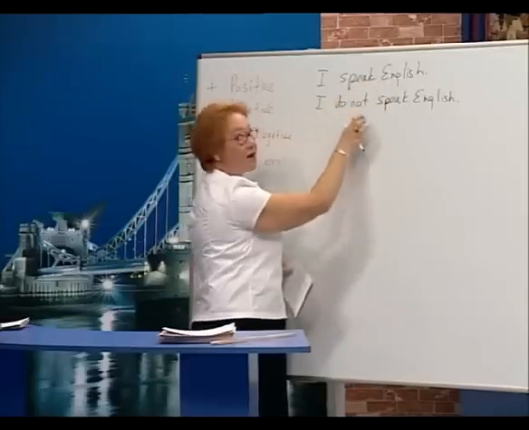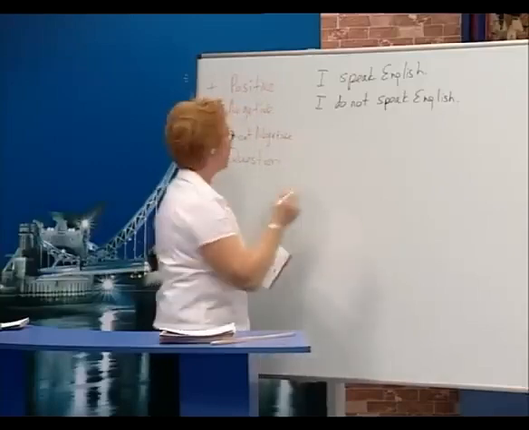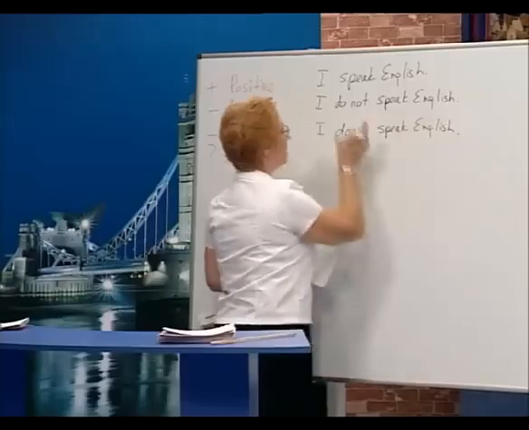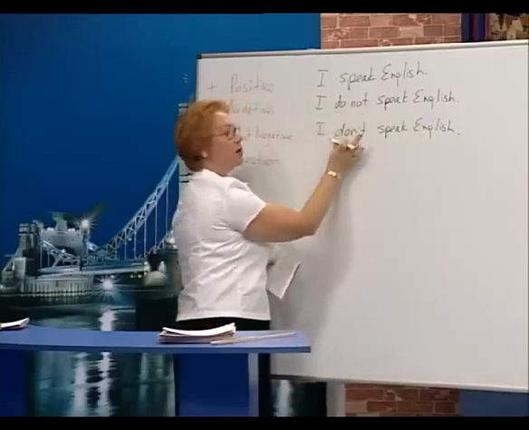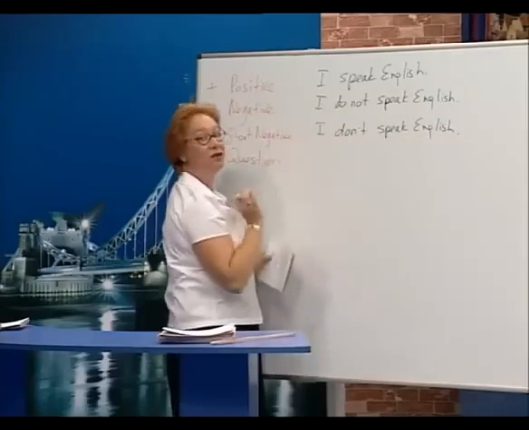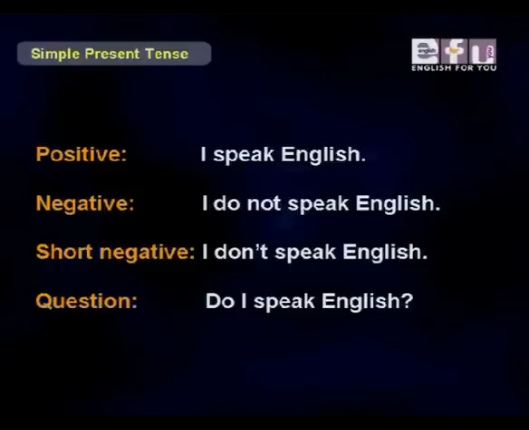I do not speak English. Okay? Short. I don't speak English. Do not, don't. I do not speak English. I don't speak English. And here's the question. Do I speak English?